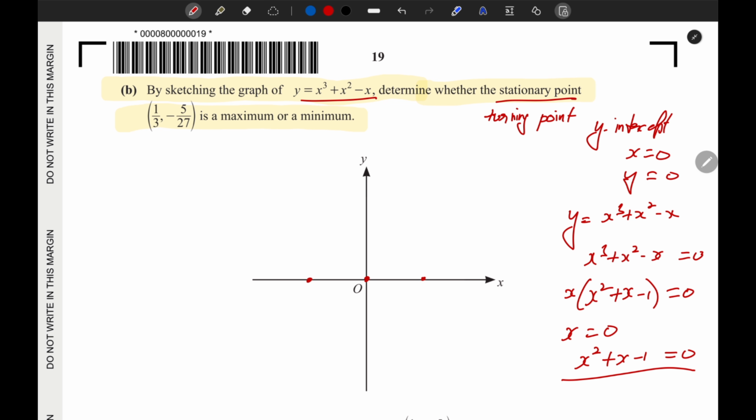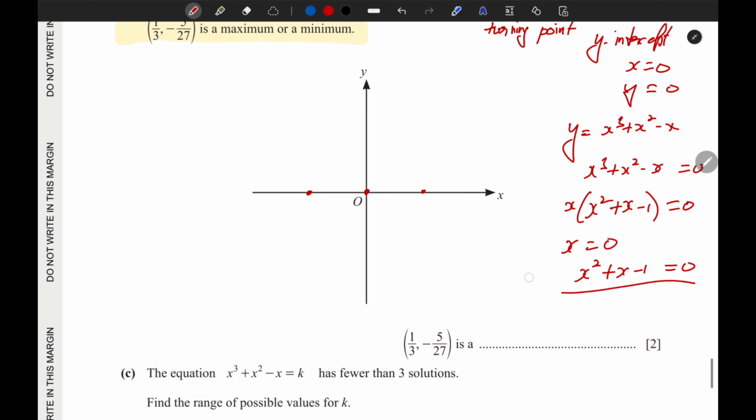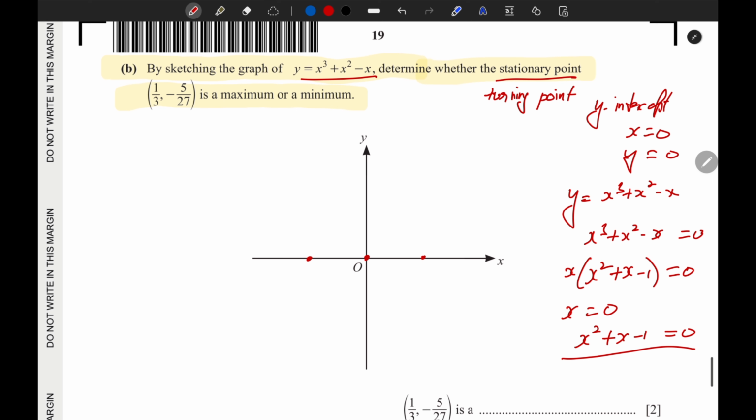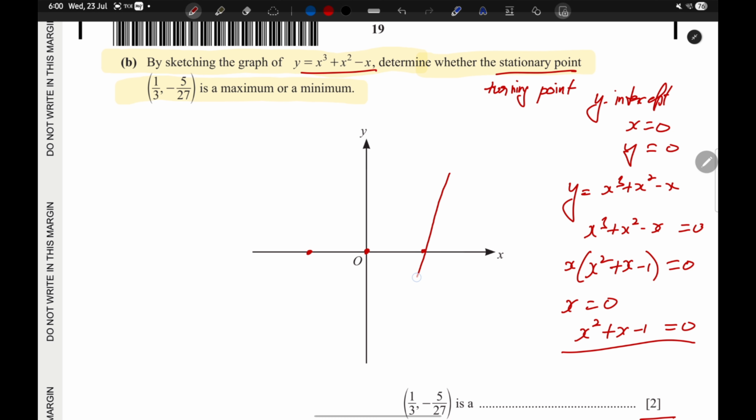We are not going to find the exact points because this question is just a 2 marker, so this is a rough sketch. Now if I draw the graph, see how the graph will look. It will go like this, and then it will turn and go like this.